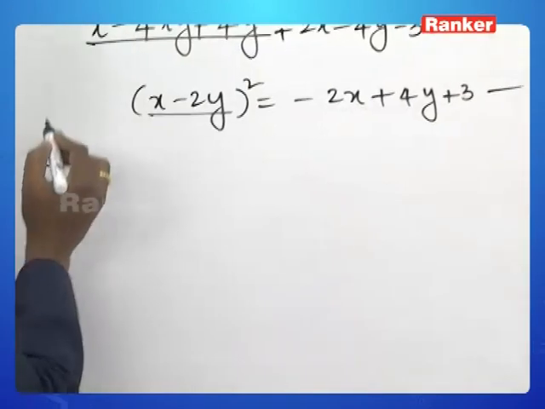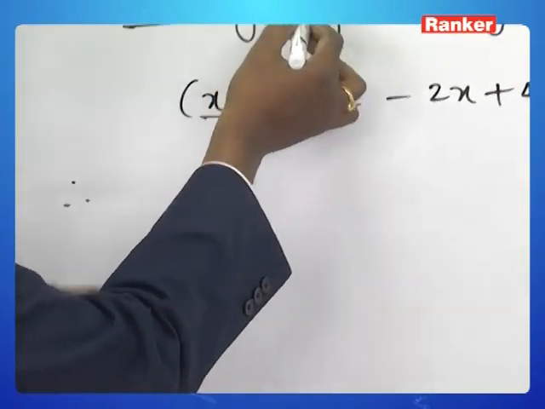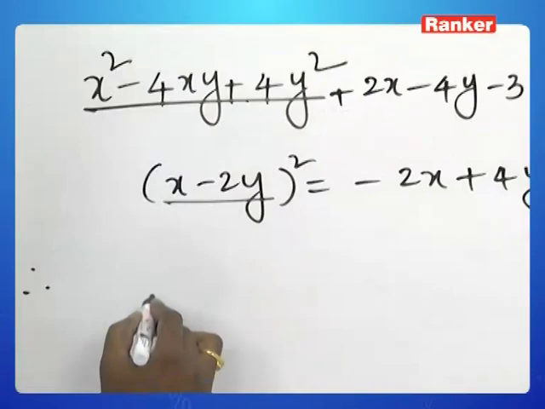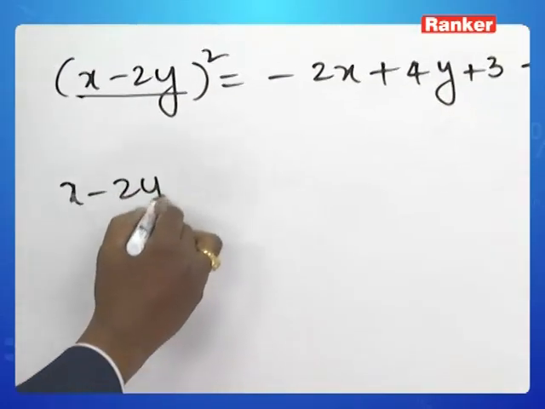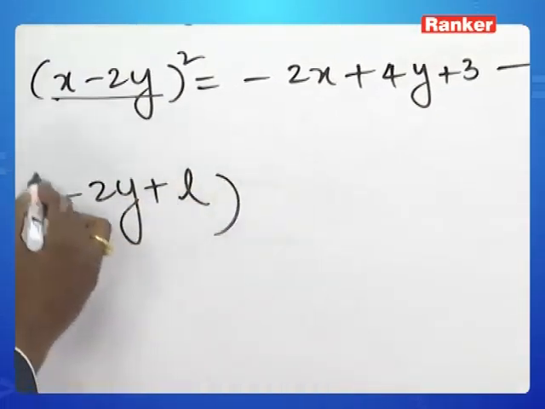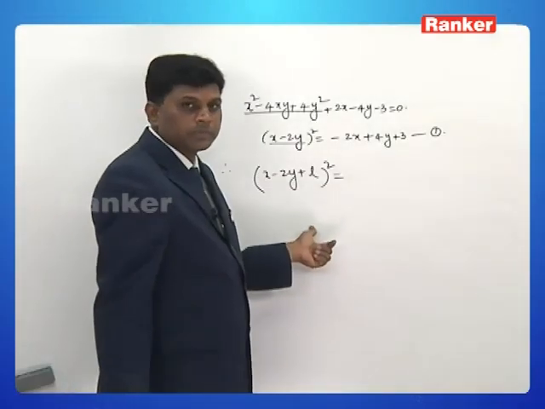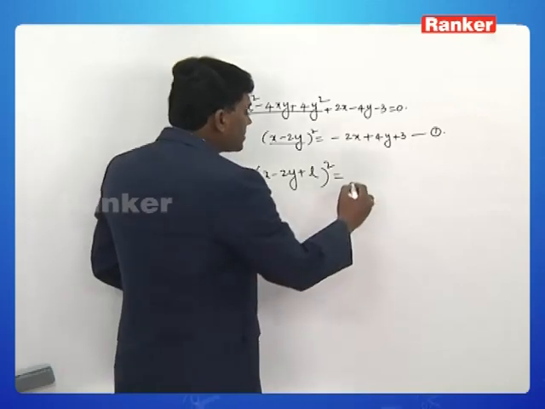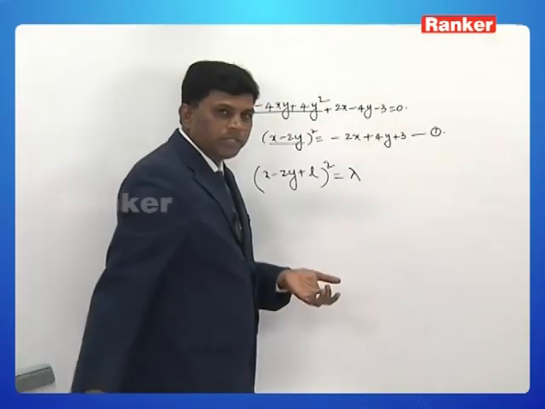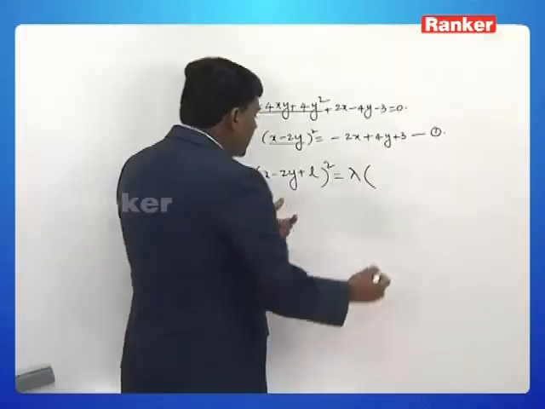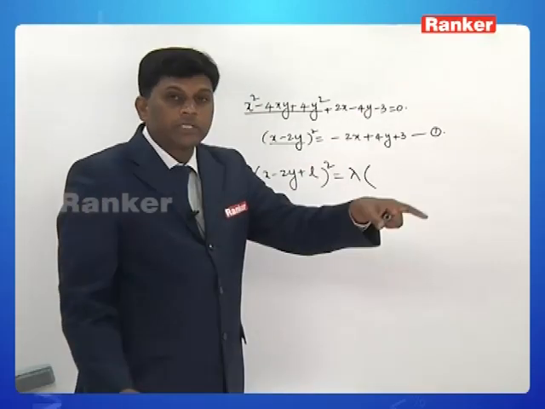So let us take this curve as (x minus 2y plus some constant L) whole square equals some lambda, the length of latus rectum, into the perpendicular distance on the tangent at vertex.